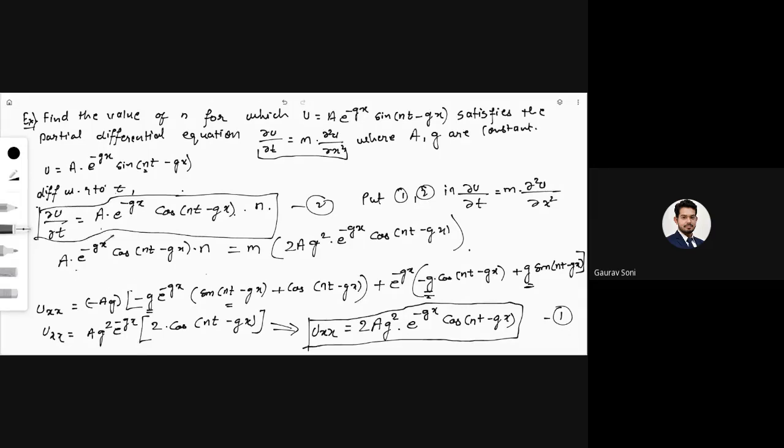So e to the power minus gx will get cancelled out, cos nt minus gx will get cancelled out, A on both sides will get cancelled out. So what we get? n is equal to 2m g square. So this is the final answer.